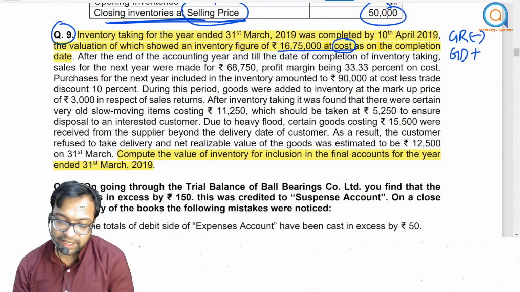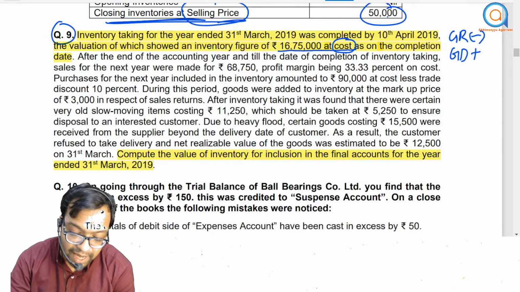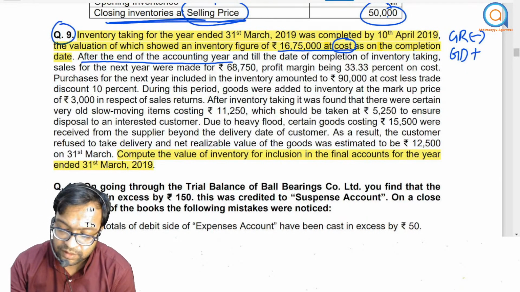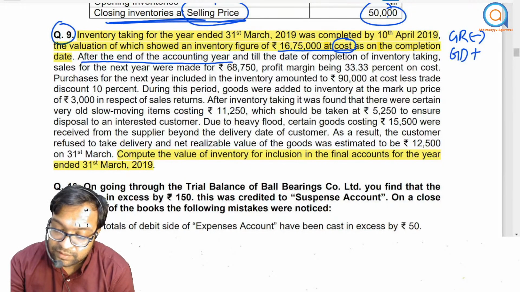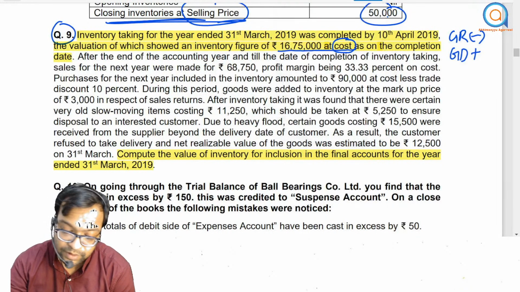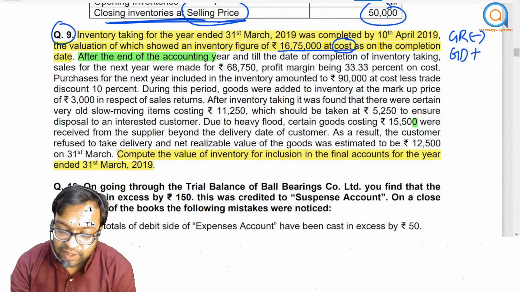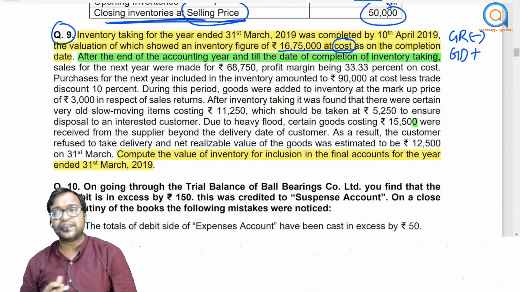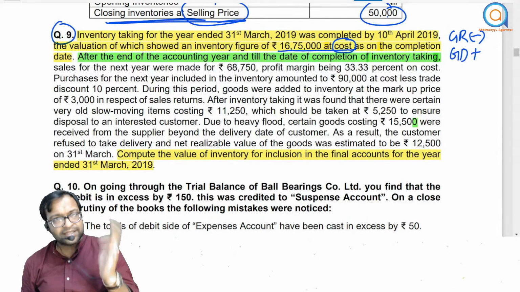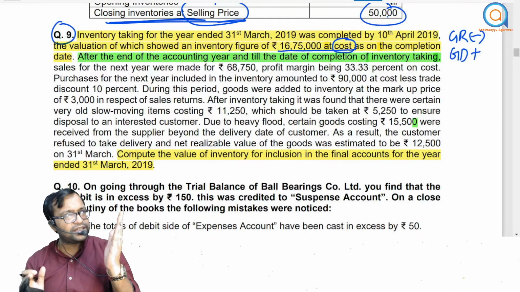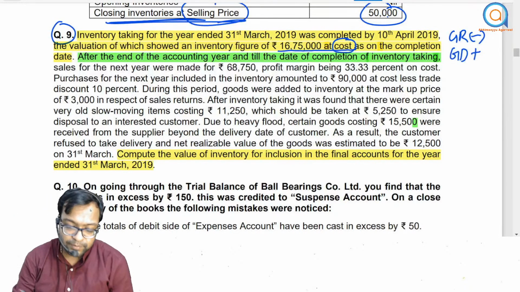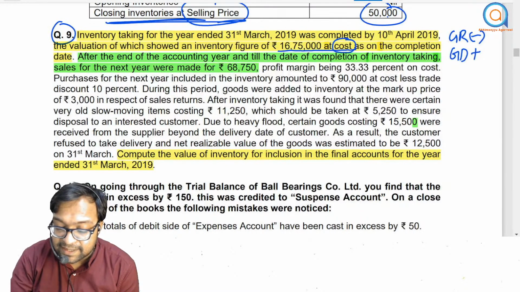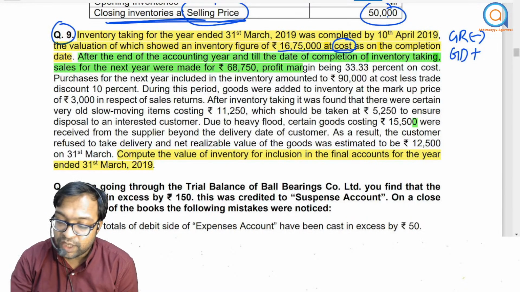Yes, sir. Next. After the end of accounting year and till the date of completion of inventory taking, means from 1st April till 10th April, after the balance sheet date till stock verification date, sales for the next year were made 68,750.